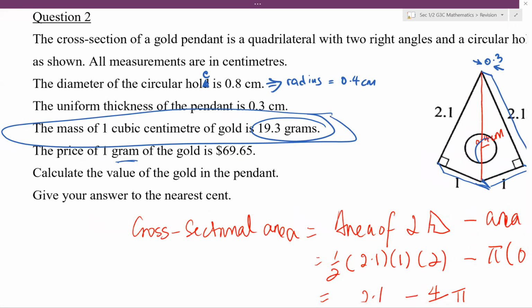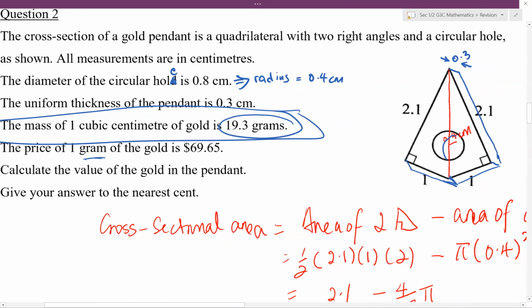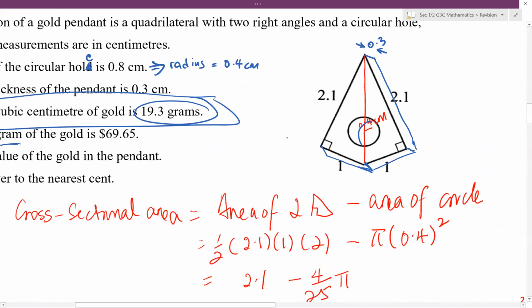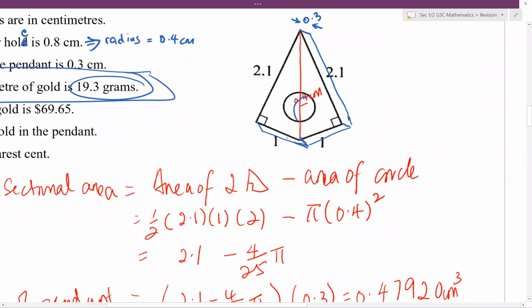To get the mass, I need volume, because the mass and volume are linked together by the density. So now our objective is to find the volume. The volume of this object is given by base area times perpendicular height. It is a prism.